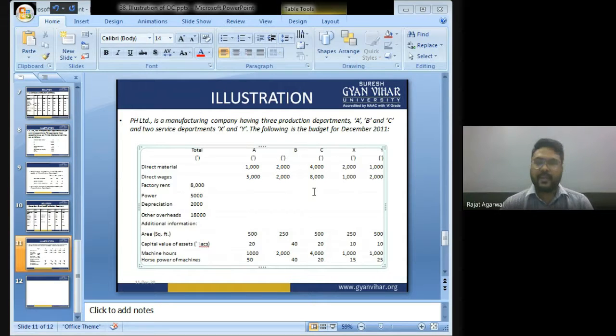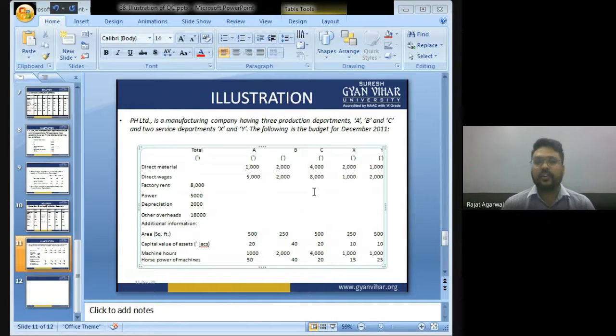Direct wages of A 5000, B 2000, C 8000, X 1000 and Y 2000. Factory rent 8000, power 5000, depreciation 2000 and other overhead 18,000, all not distributed.